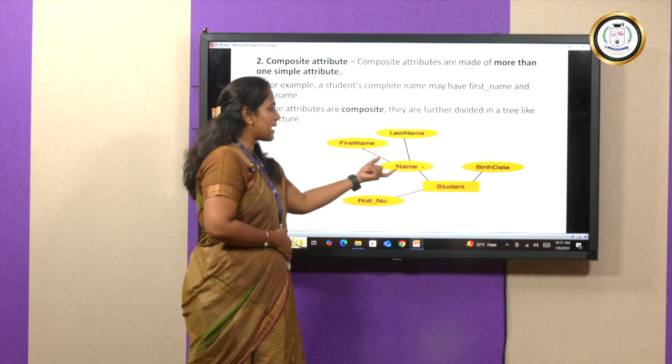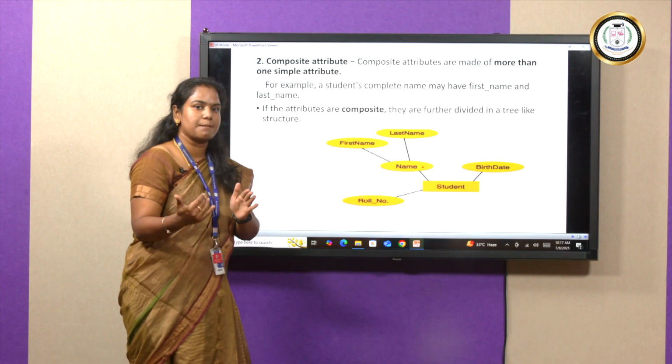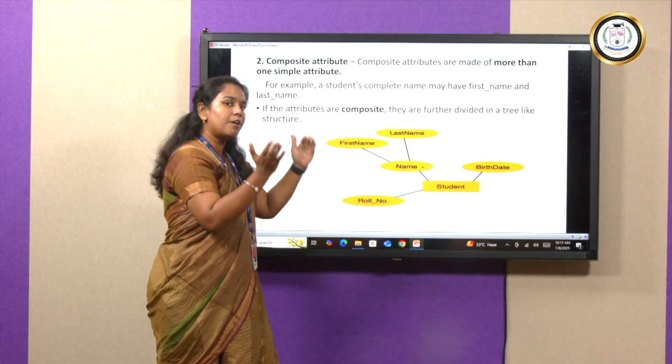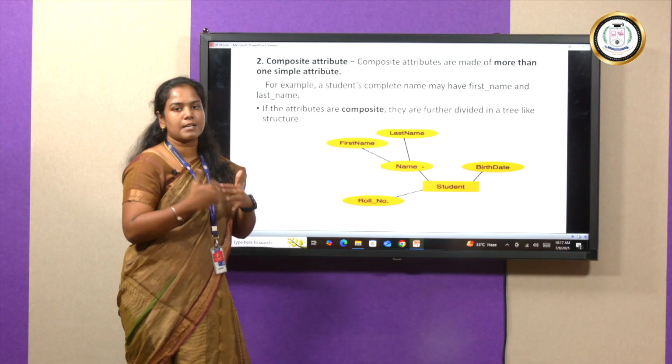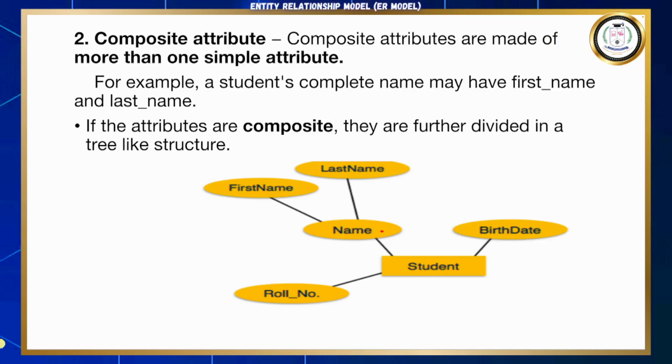For example, the attribute name can be further divided into first name and last name. So if any attribute can be further divided into two or more attributes, it comes under composite attributes. Composite attributes are divided into two or more attributes which look like a tree-like structure. Here the name has been further divided into two more attributes, the first name and the last name.